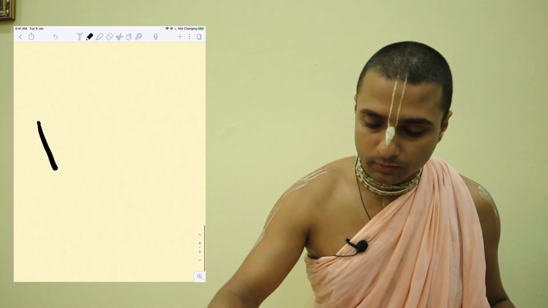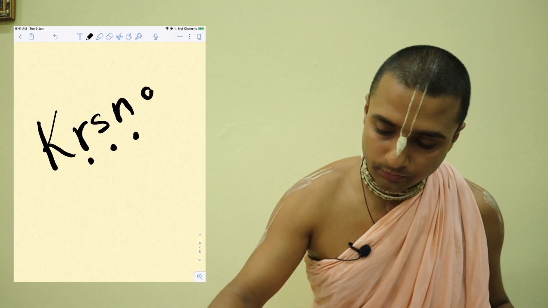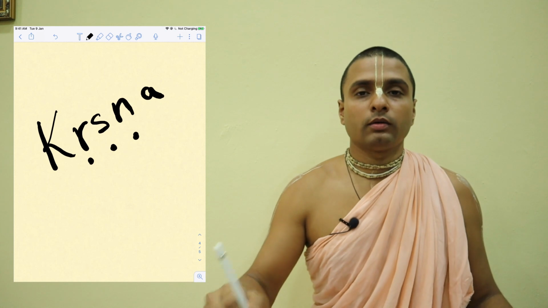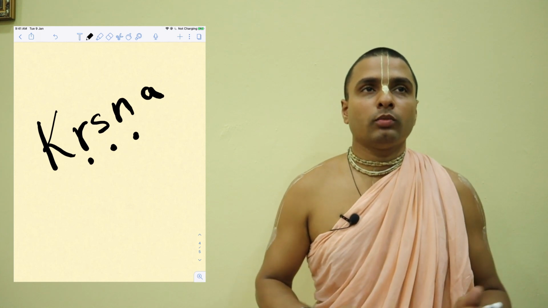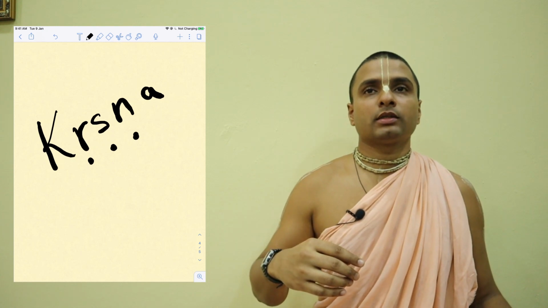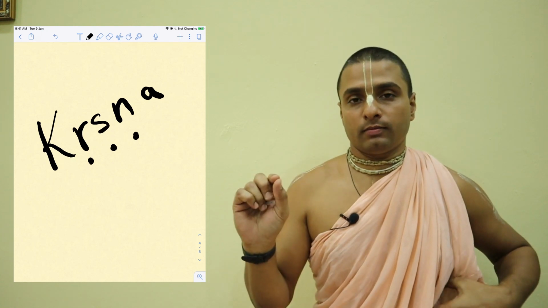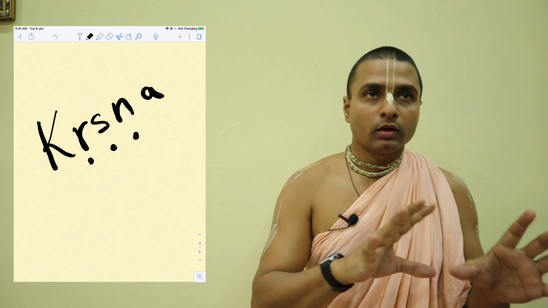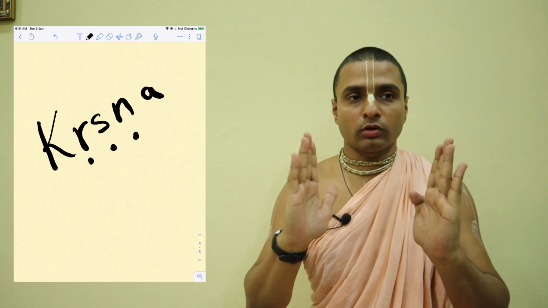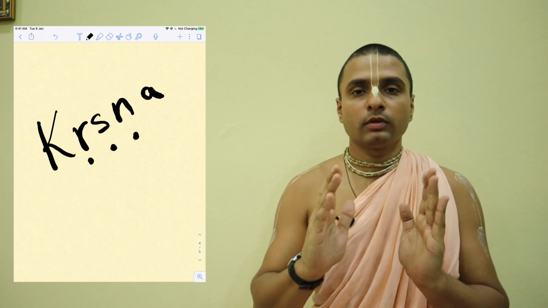When you say Krishna, we write it in our books like this. So this R, in Krishna, is in its purest form. It should not sound as Kri. It's actually Krishna. So R, that sound only. Not Ri, not Ru, not Ra, R. Krishna.